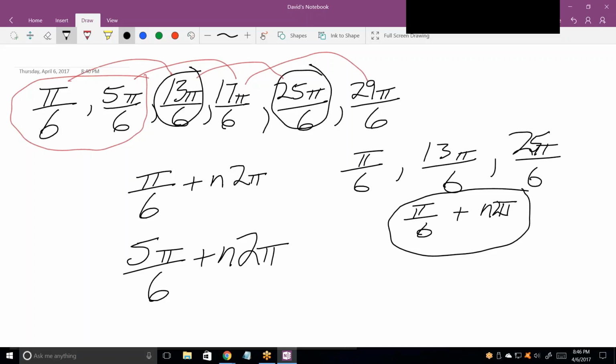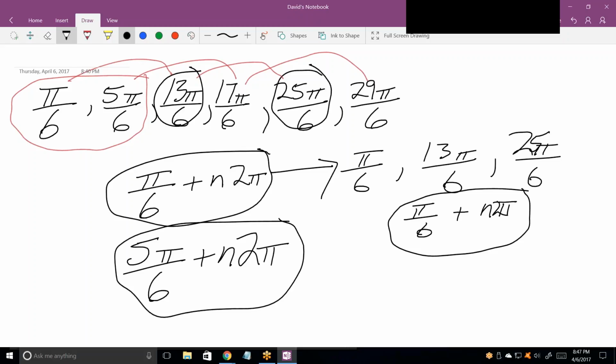And every answer I have up here is 2 pi bigger than the other side of the red curve. So that works for that series, and this works for the 5 pi, 17 pi, 29 pi series.